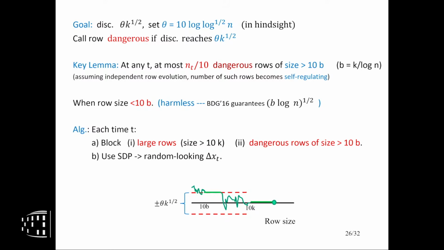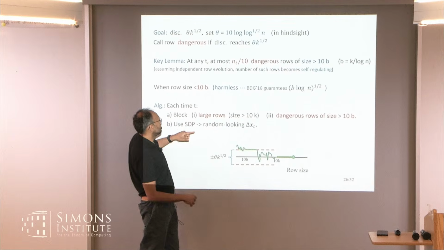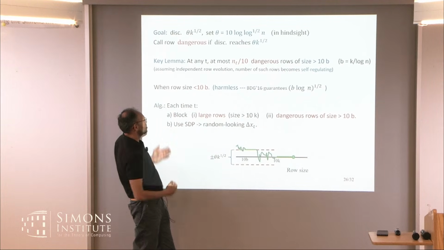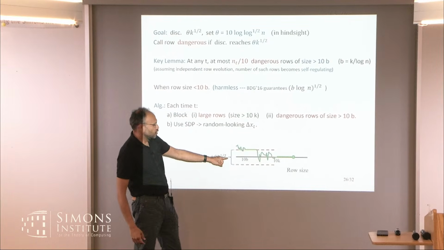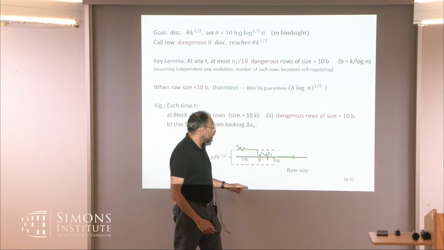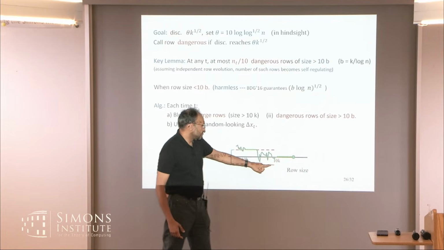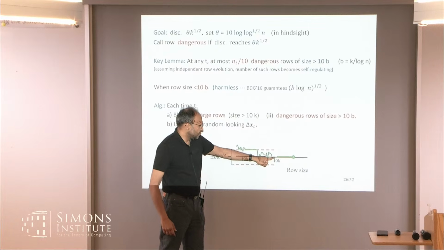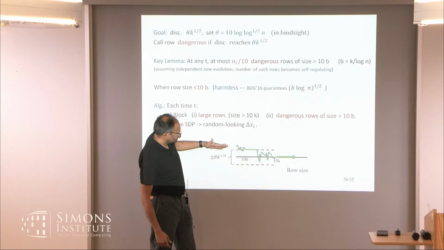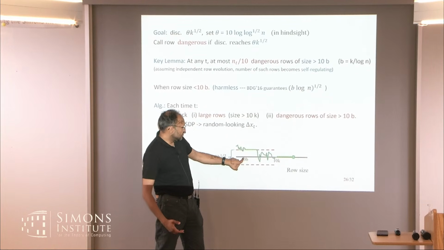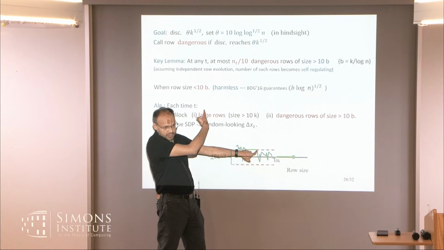And once you have this property, it's easy to see, because you now just protect these guys, which you can afford to because of this lemma, and this is how your discrepancy will evolve. If a row is large, I don't incur discrepancy because I'm protecting it. Once it is no longer 10k, that might start incurring, but once it reaches theta root k, or dangerous, and it's still bigger than 10b, I still protect it because I can.